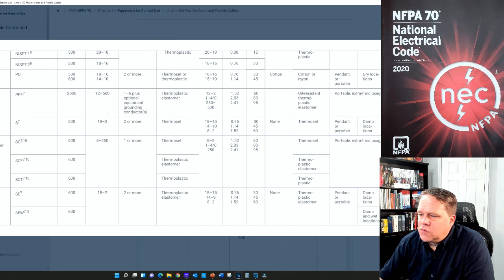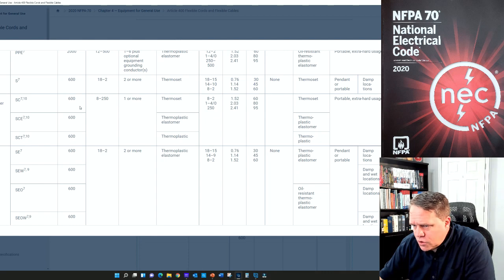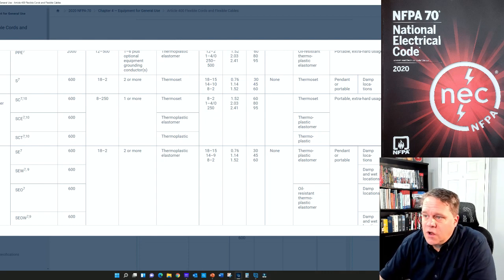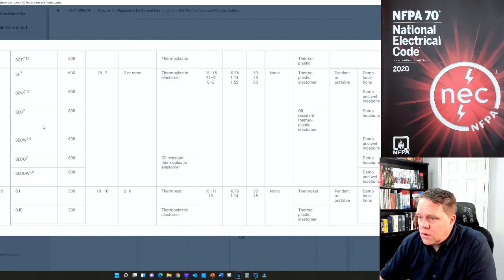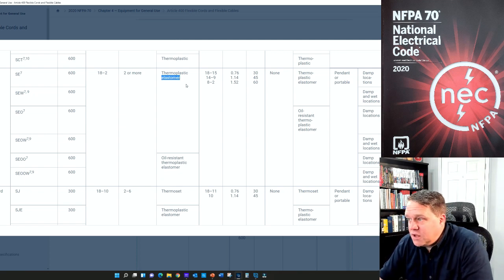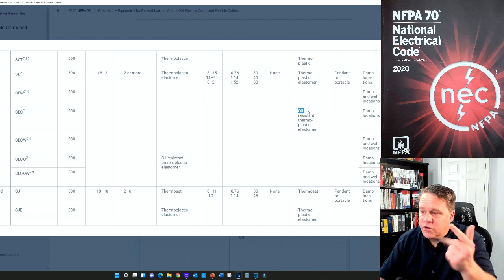If we keep on scrolling down here, we get into our hard service cords and our junior service cords. Those are the ones with the letter S, right, for service cord. And if we keep on scrolling, we've got SEO, which is what? Service cord. Thermoplastic elastomer. Oil resistant. There's your S, your E, and your O.